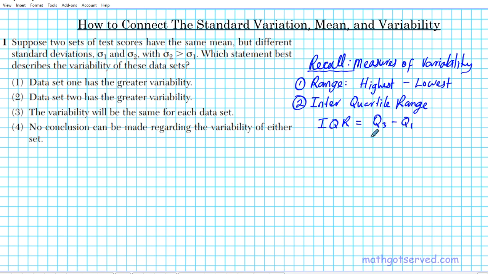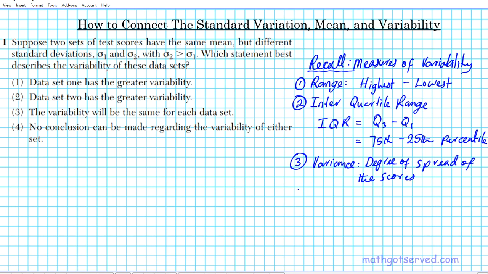Or think about the difference between the 75th and the 25th percentiles. If you compute that difference, that will give you the interquartile range. The third measure of variability is the variance. And the variance is simply the degree of spread of the scores in this context.